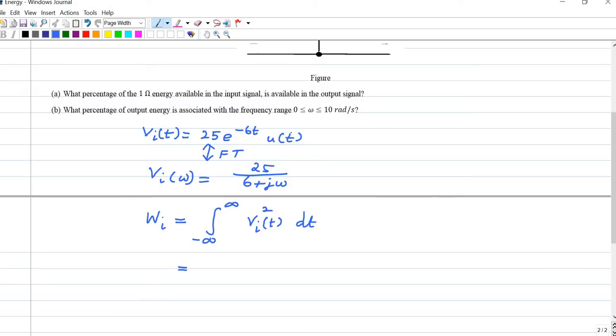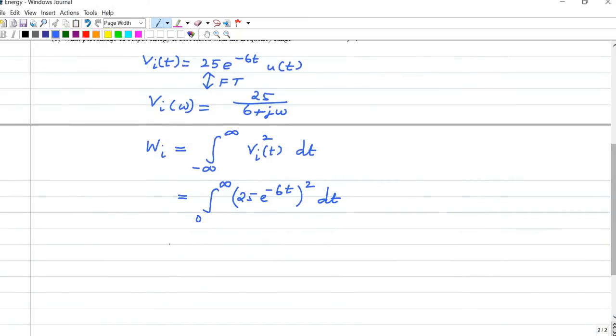So u of t, we know u of t is valid from 0 to infinity. So I'm just changing the limit 0 to infinity. 25 e power minus 60 t the whole square into dt. So 25 square is 625 integral 0 to infinity e power minus 120 t dt.